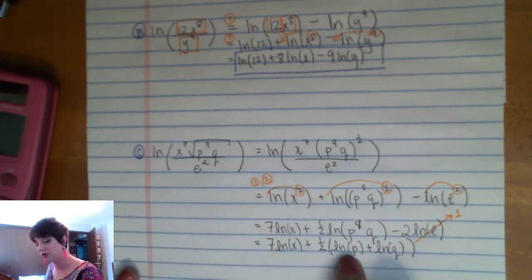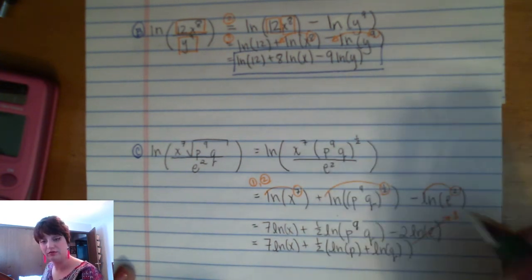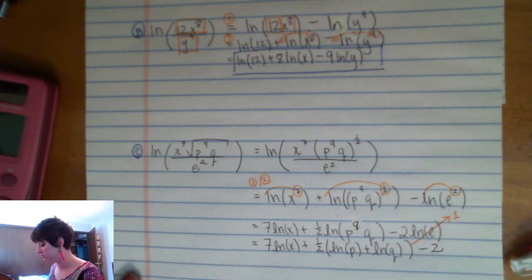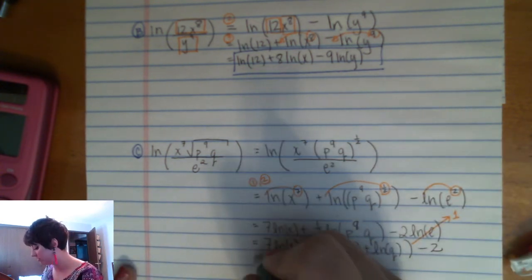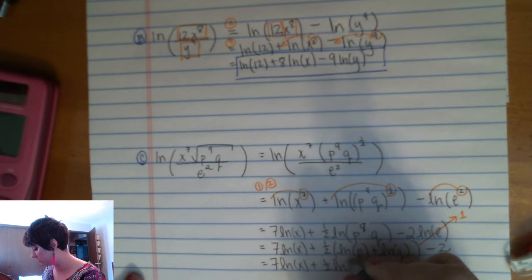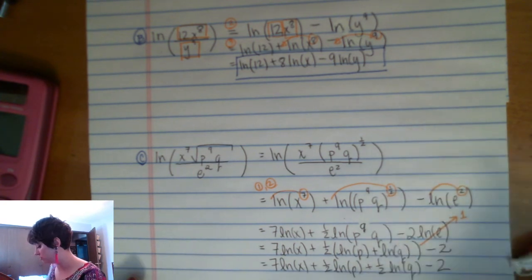So log of the first plus log of the second. I have parentheses here because I need the 1/2 on both of them. And then minus 2. Okay. Final answer. 7 log x plus 1/2 log p plus 1/2 log q minus 2. And that's it.